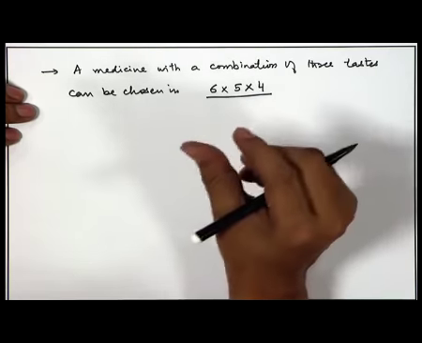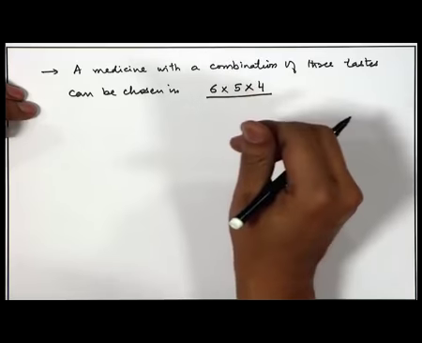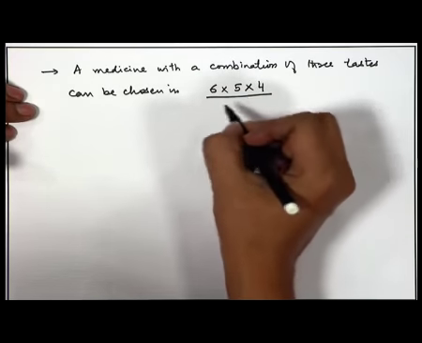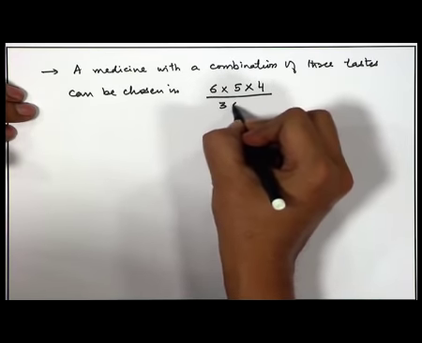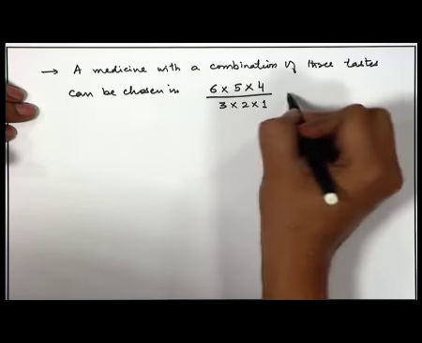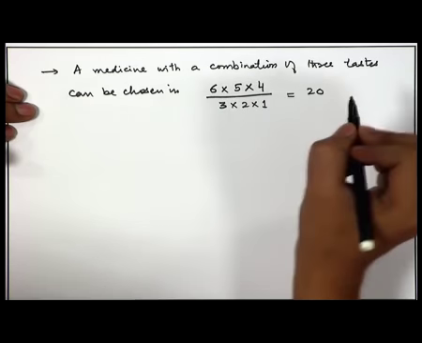Once again these 3 things can be in any particular order, and that order does not make any difference. So, we divide by 3 into 2 into 1. So, that is equal to 20 ways.